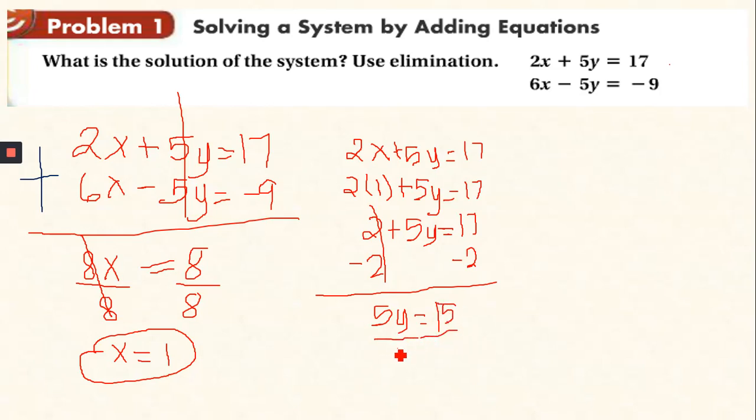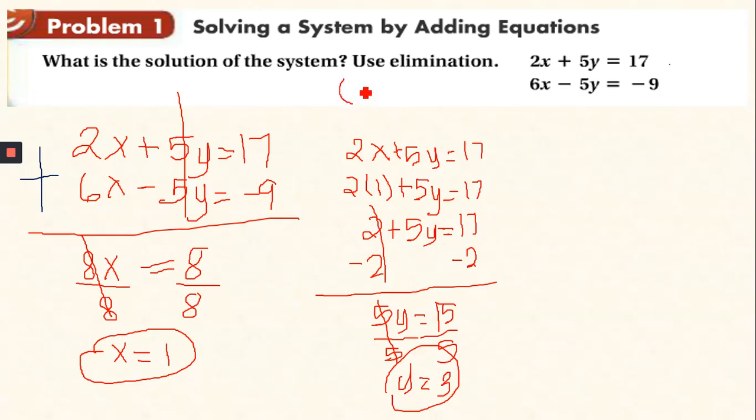Dividing both sides by 5. 5 divided by 5, that is 1. So y now is equal to 15 divided by 5, that is 3. Okay? So we have here the value of x is 1 and the value of y is 3.